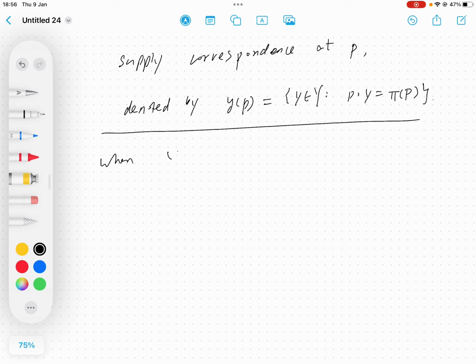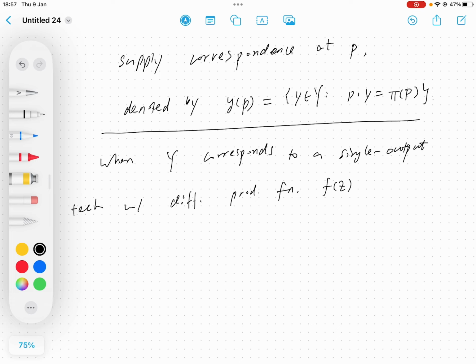So, if Y corresponds to a single output technology with a differentiable production function f(z), then we can view the firm's decision as simply a choice over the input level z.